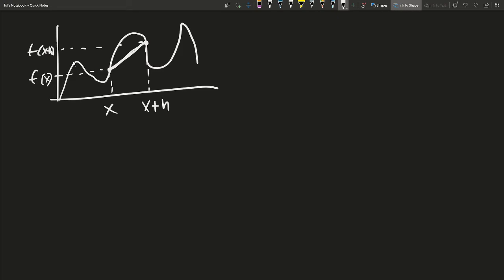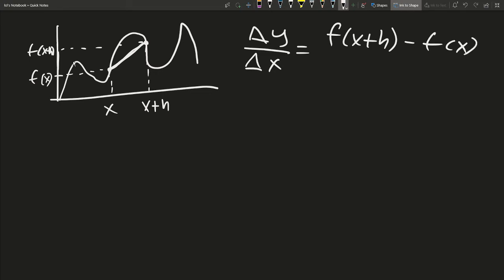Finding the gradient of straight lines is really easy. It's just the change in y over the change in x, and we can just use our diagram. So the change in y is this part of the line here. That's just going to be f of x plus h minus f of x, divided by the change in x, which is just x plus h minus x.